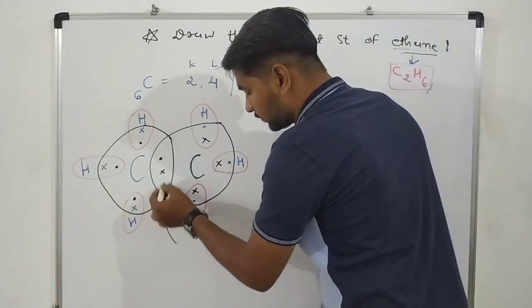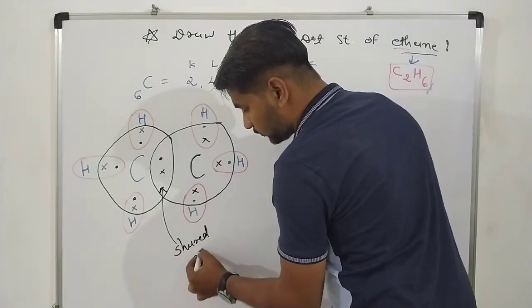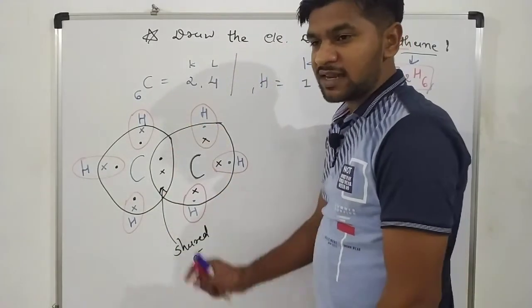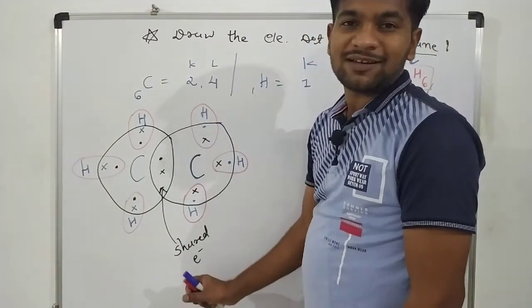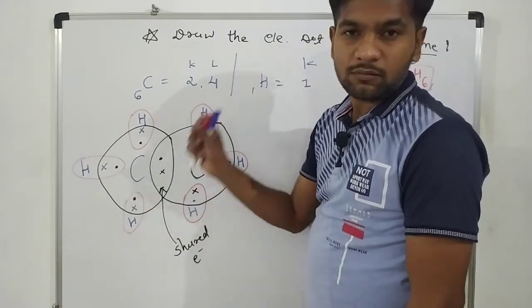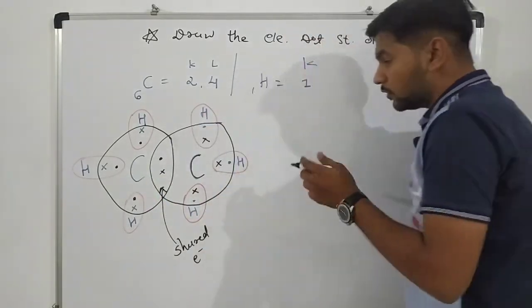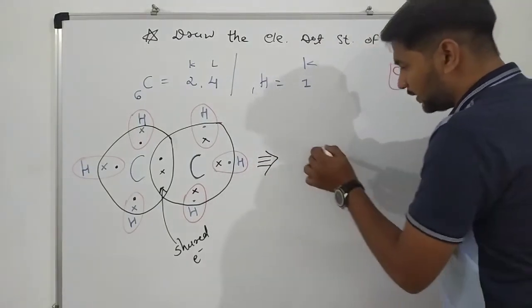What is this electron? It is a shared electron, and shared electrons form a covalent bond. So this structure we can also write like this, like carbon.